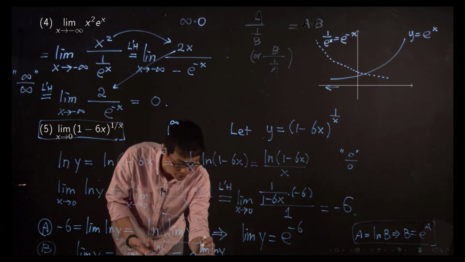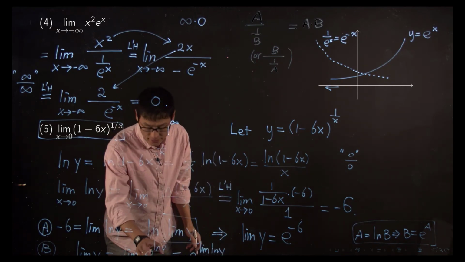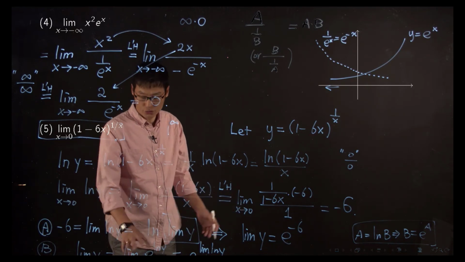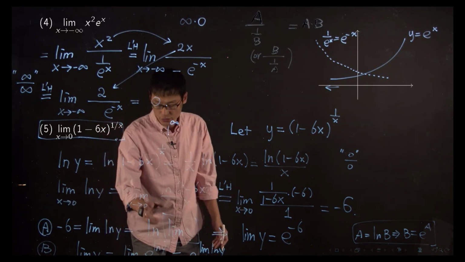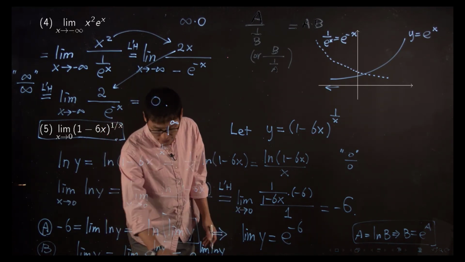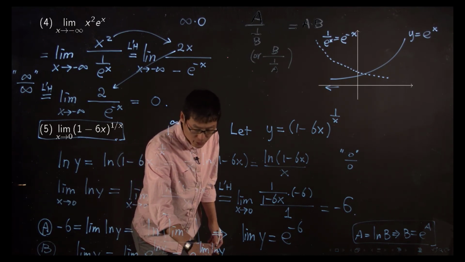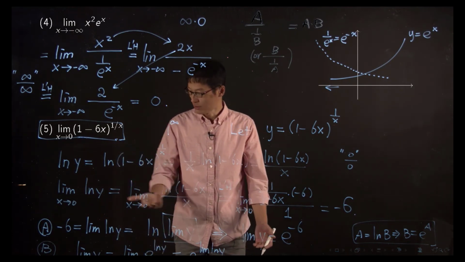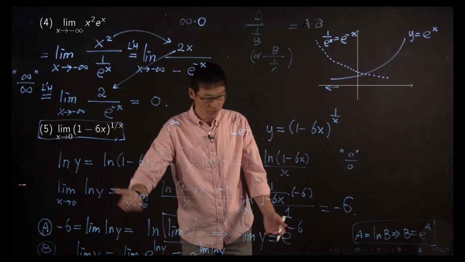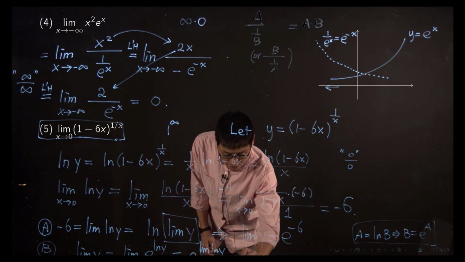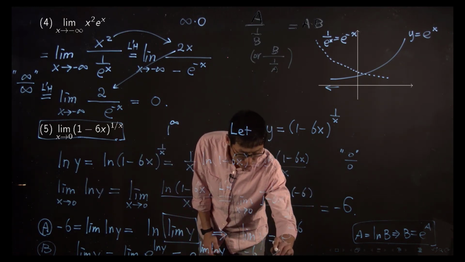Again, we are using the fact that e to the something is a continuous function, so you can change the order. So e to the something followed by limit is e to the limit of something. And as we computed, the limit of ln y is negative 6, so we get e to the negative 6. The same result, of course.